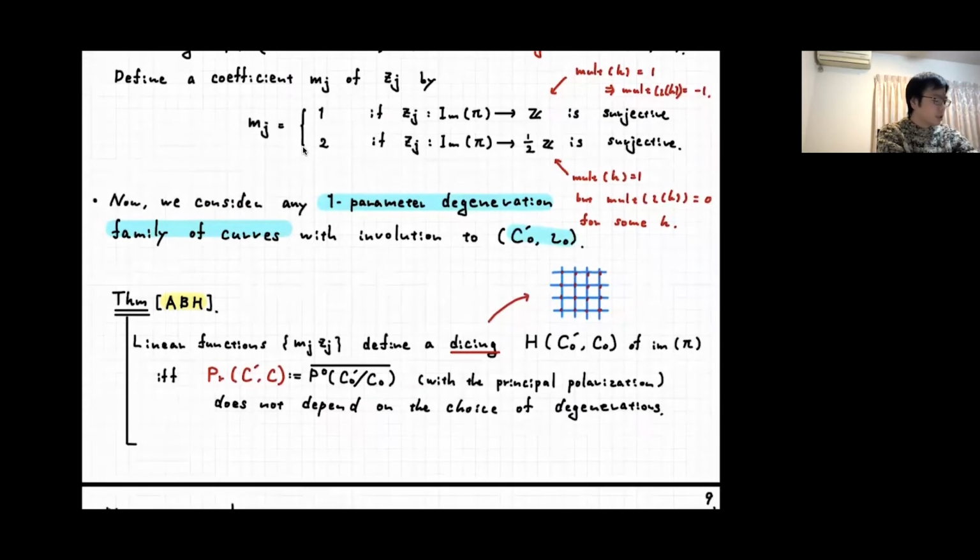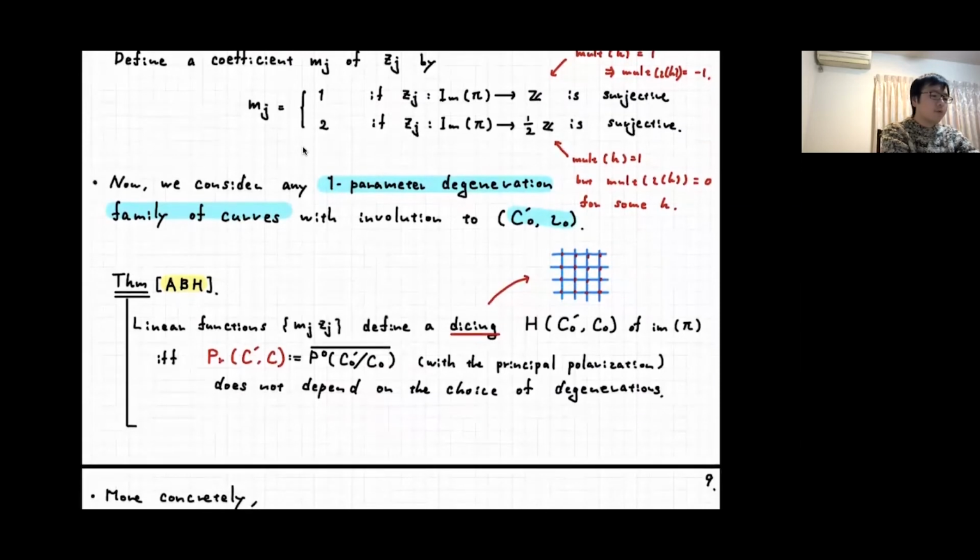Then the theorem by ABH says that the linear function MjZj defines a lattice dicing of the image of pi if and only if there exists a good compactification P0 C0 prime to C0, which I want to define as a generalized Prym variety for the nodal curve, and this does not depend on the choice of the degenerations.